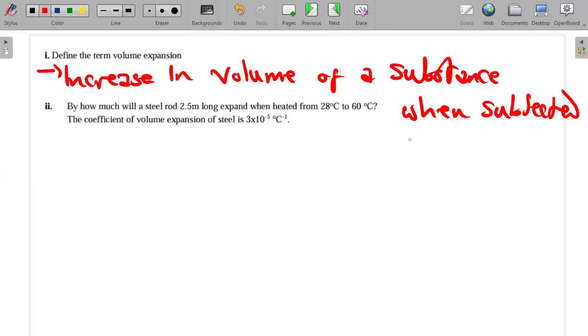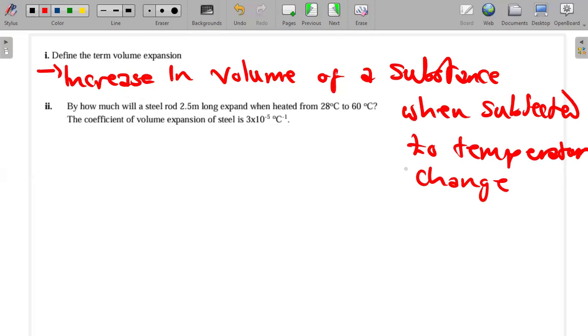That is what we call volume expansion. And specifically, this temperature change that we're talking about is the rise. So when it has been subjected to a rise in temperature, the expansion that is going to take place in the three-dimensional area of this particular object is what we call volume expansion.